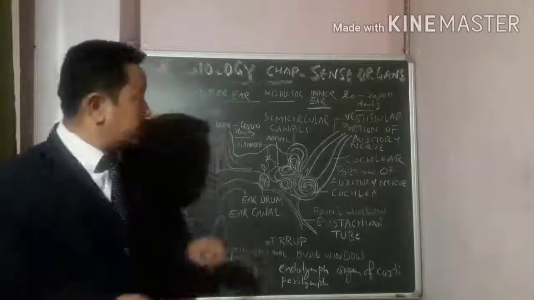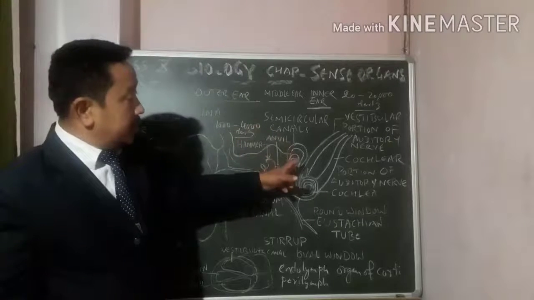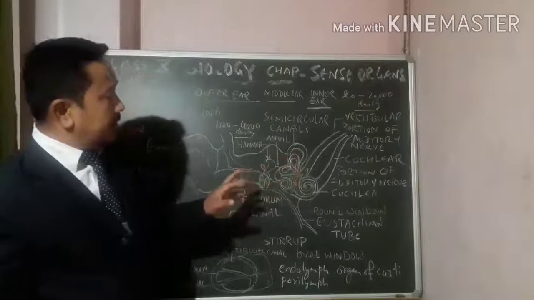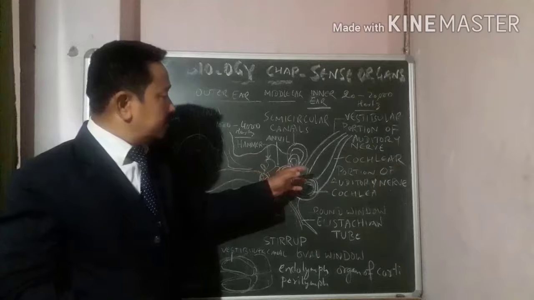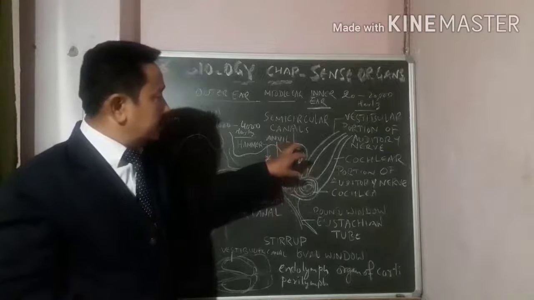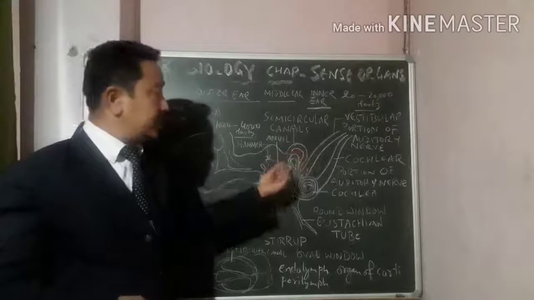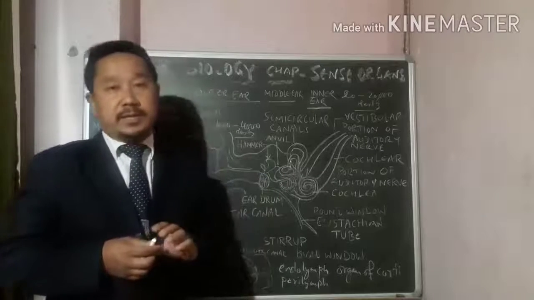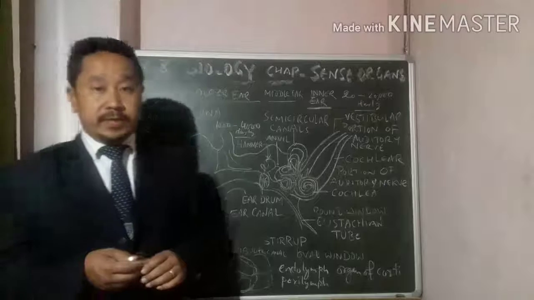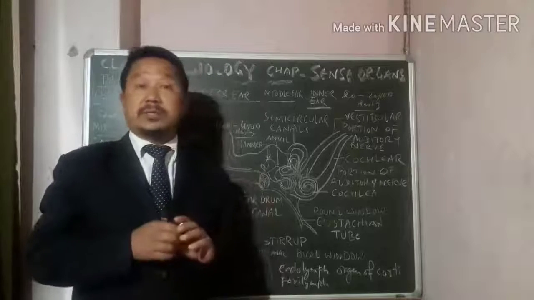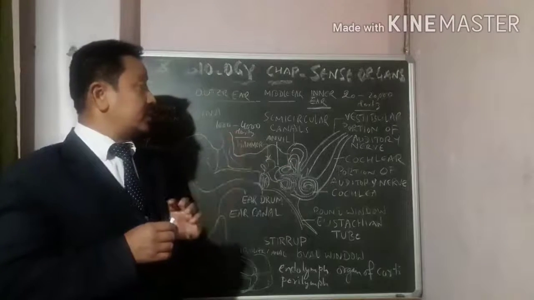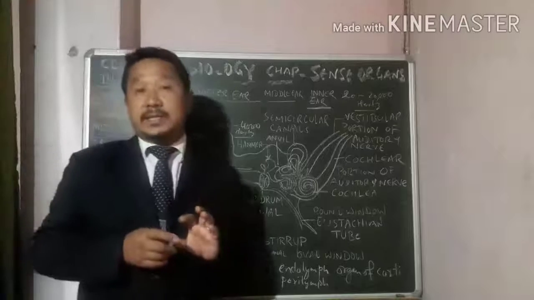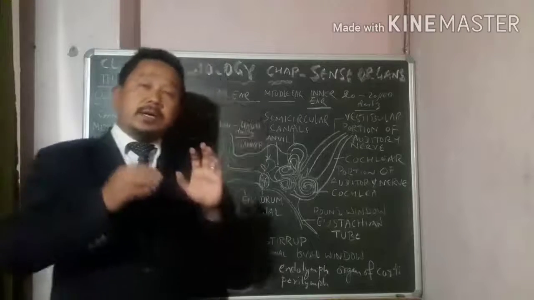As I've told you, the semicircular canals are meant for maintaining dynamic balance. That means when we are moving, the body has to balance, and the semicircular canals maintain the balance at that time.